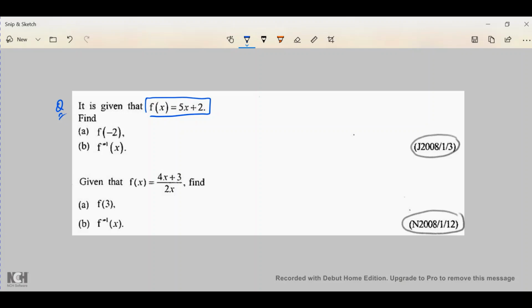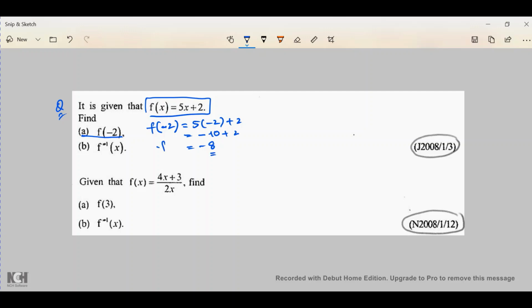In this part, we are asked to find f of minus 2. We write f of minus 2. Okay, wherever we have x, we write minus 2, and plus 2. This is minus 10 plus 2 and the answer is minus 8.